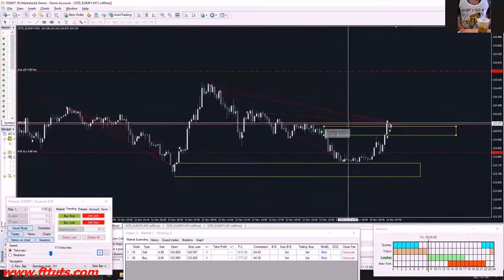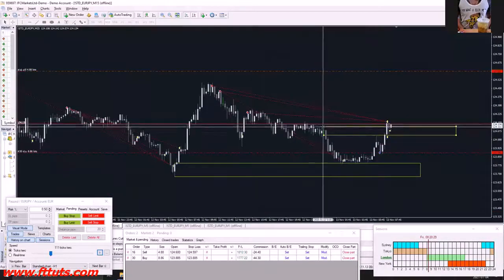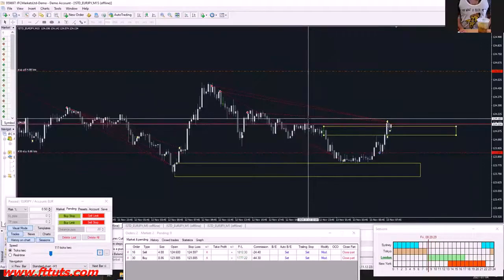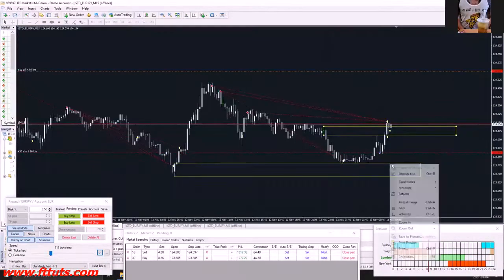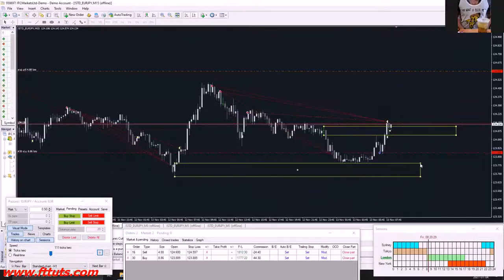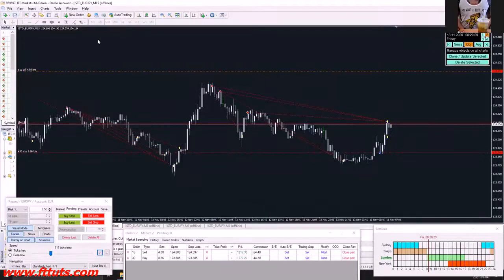But it just broke this structure, but I'm going to wait a little bit just in case, because this could be like a liquidity sweep for this structure, right? Yeah. So yeah, 15 is bearish, right? Which swing highs?